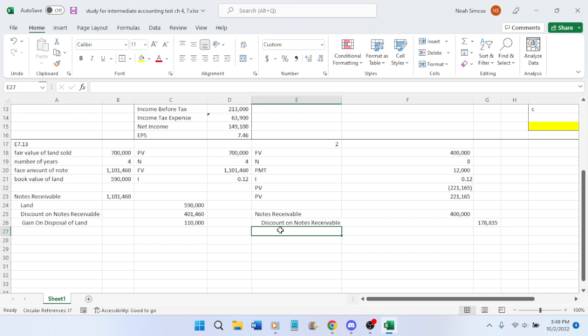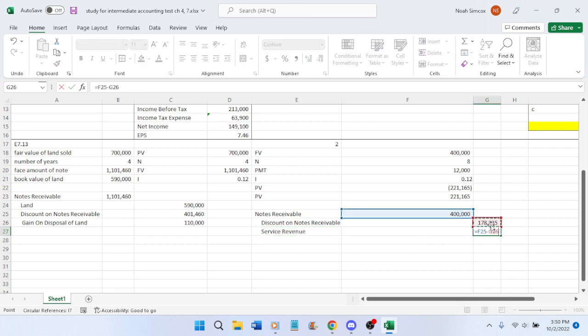Does interest revenue come into the equation? I hate it. I hate everything. No, it doesn't. The only thing you write down is discount, and then you write service revenue. And the service revenue equals this minus this.